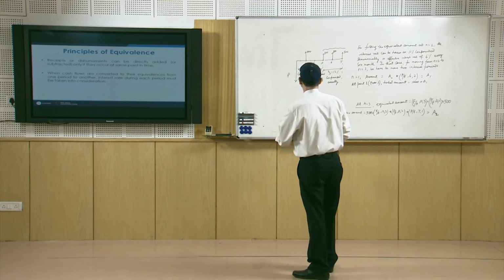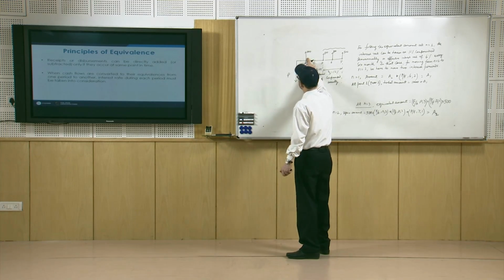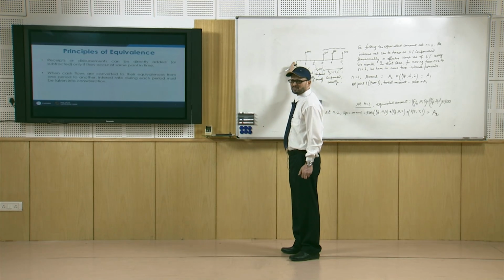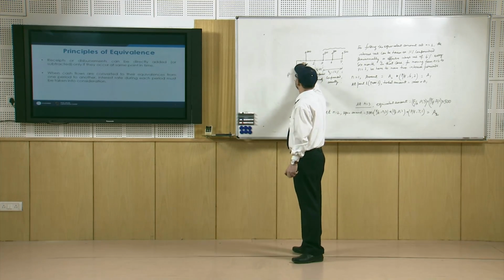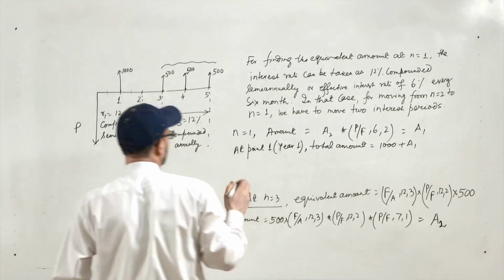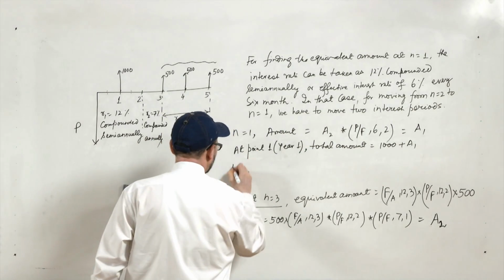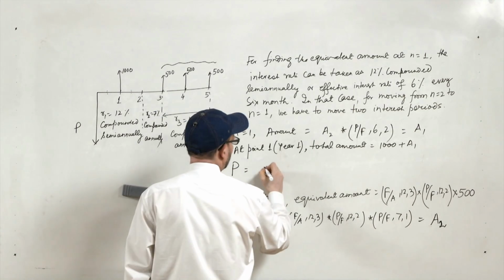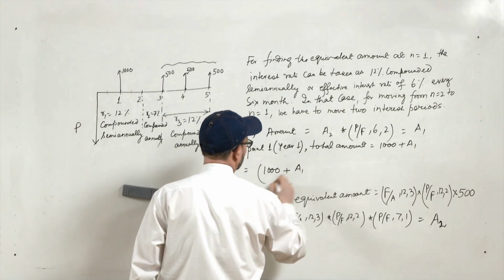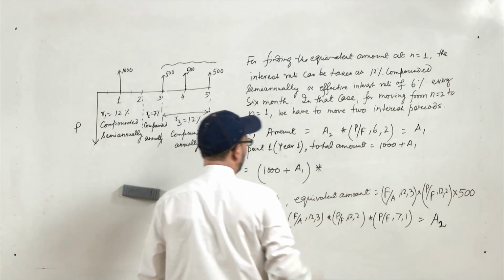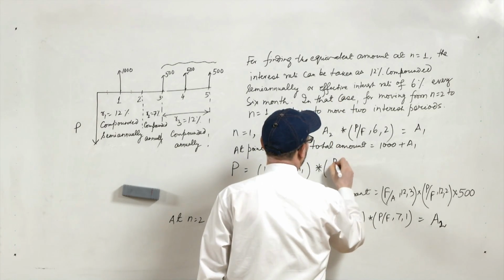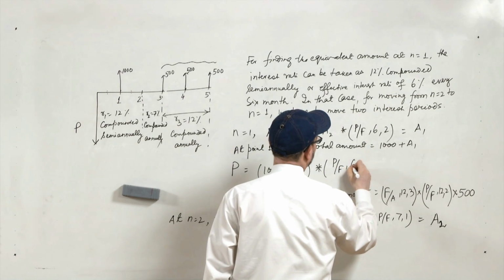And once we get this, its equivalent amount at this time can be found by further multiplying with the factor P by F i 2, and i is 6%. So, P can be found as 1000 plus A 1 multiplied by P by F 6 2.